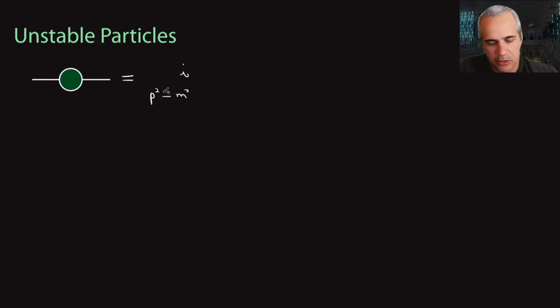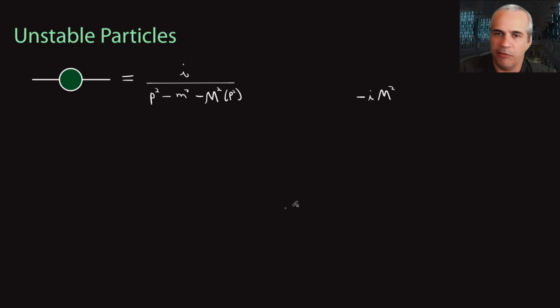So this m can be anything depending on the renormalization conditions. But we also have this complicated function, big M squared of p squared, which is the sum of all 1PI contributions. Actually, in our convention, minus i M squared is the sum of all the 1PI diagrams contributing to that.